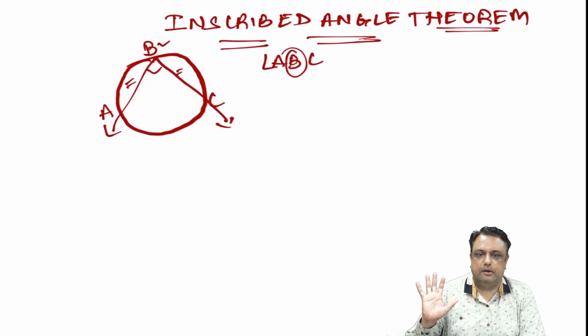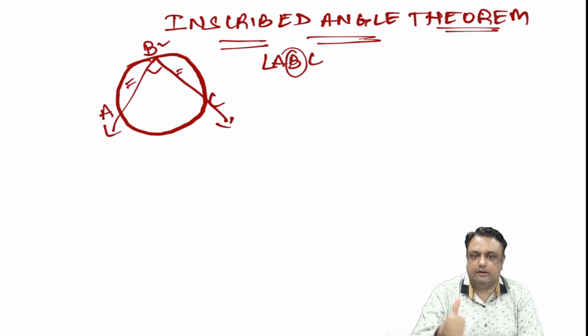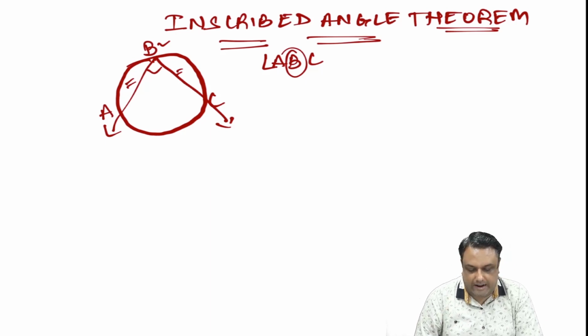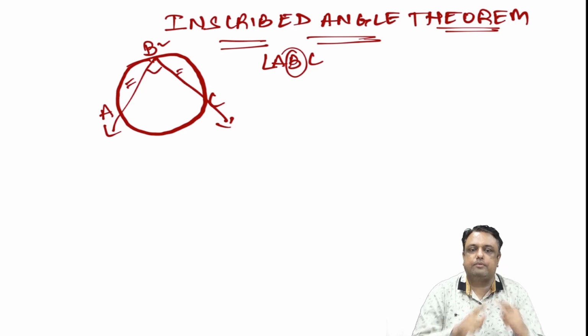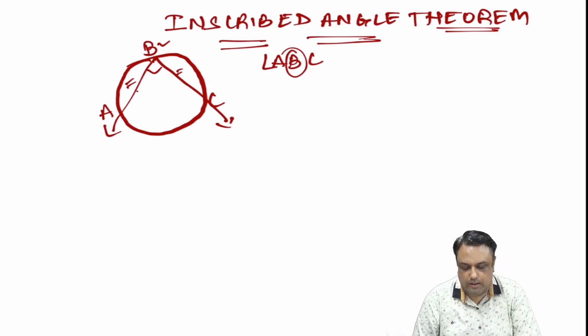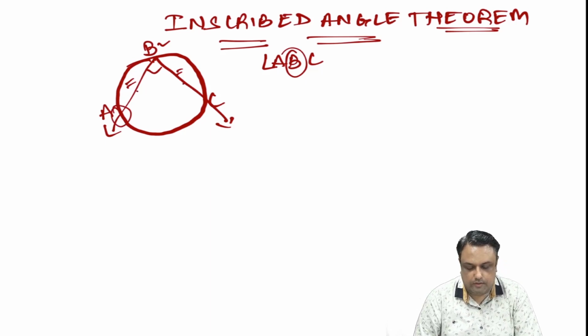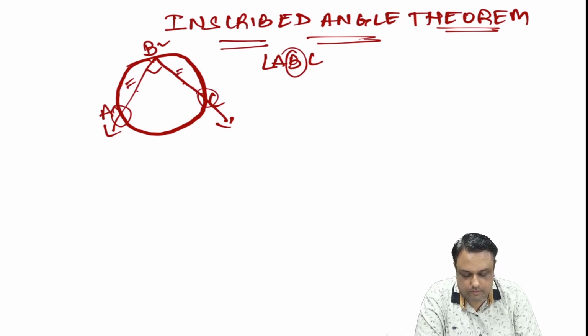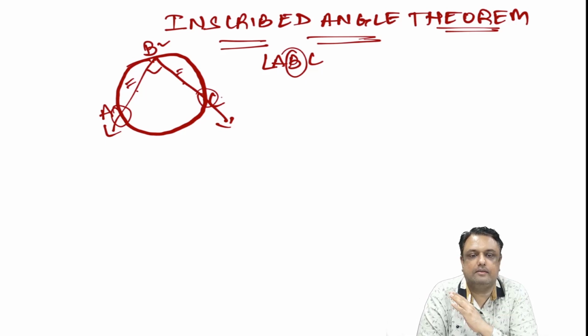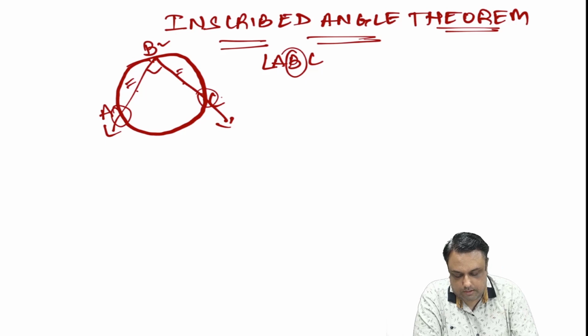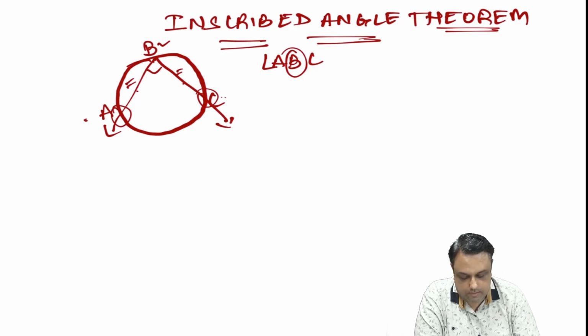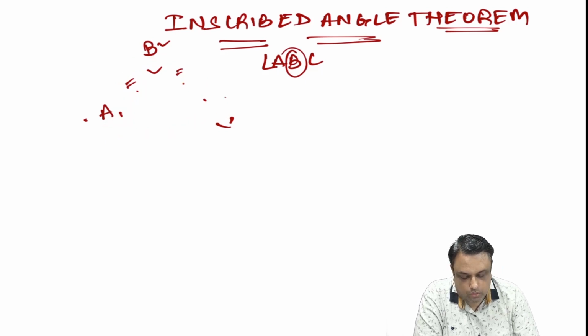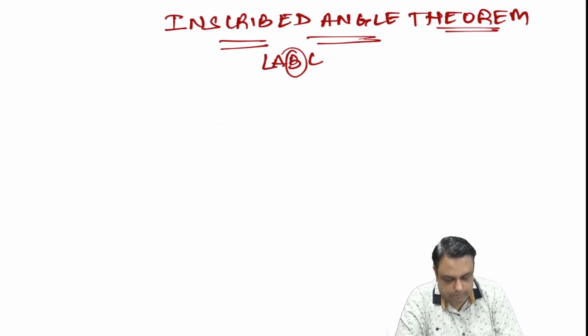In simple language, for an inscribed angle the vertex should be on the circle, and the two rays which originate from the vertex B should cut the circle in two distinct, that is different, points. So it is cutting the circle at point A and point C. Okay, now let me draw that figure again so that you understand.